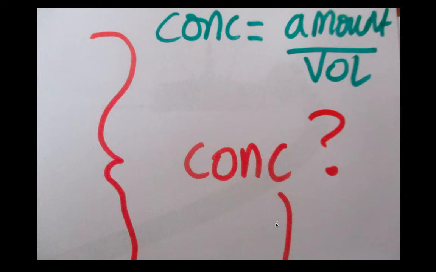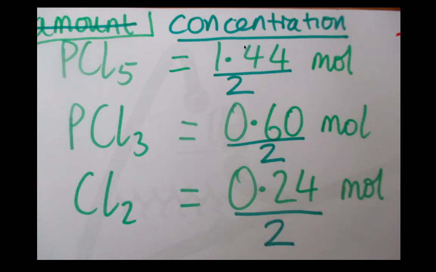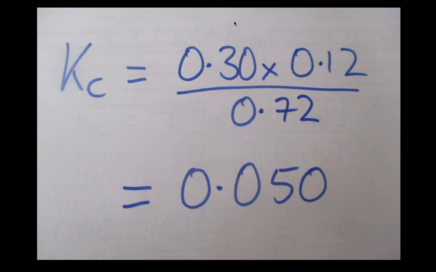Now concentration is the amount in moles over the volume, and luckily our volume is in decimeter cubed. So all we have to do is divide each of our amounts in moles by the volume, and this will give us our concentration. So therefore our expression for Kc becomes 0.3 times 0.12 divided by 0.72.